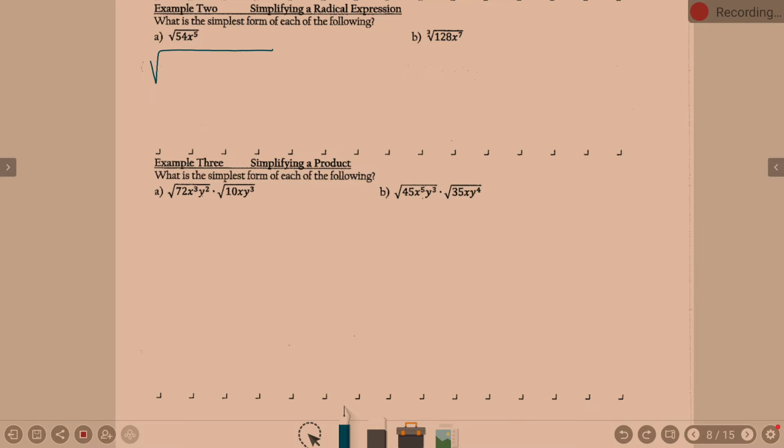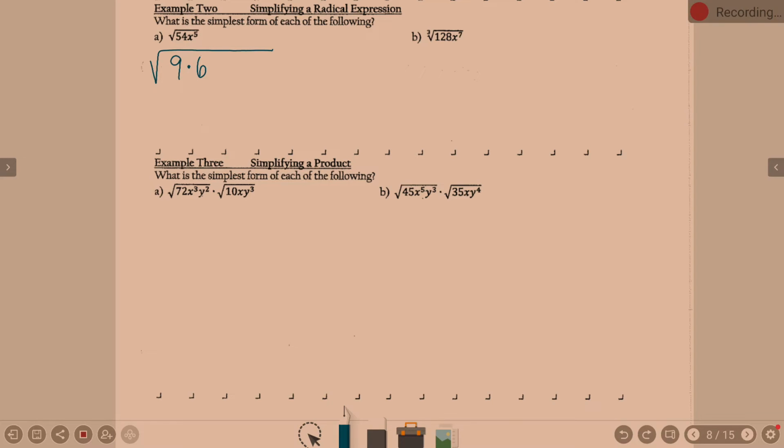But 54 is 9 times 6. And what I'm just doing right now is breaking it up. 54 is 9 times 6. Now, we got to talk about these x's. We learned this yesterday. Can you take the square root of x to the 5th?